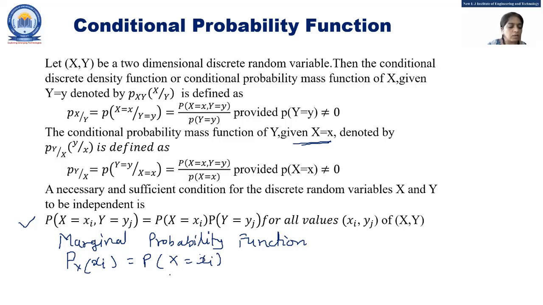Here x is equal to x1 and y is equal to y1. Similarly, x is equal to xi and y is equal to y2, up to x is equal to xi and y is equal to ym.